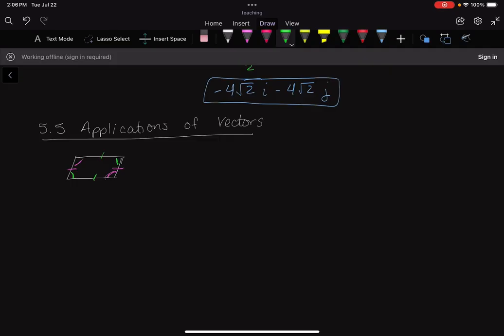Something that we should know, going to some geometry, is that two angles that lie on the same line are supplementary. So what we will see here is that adjacent angles are supplementary.